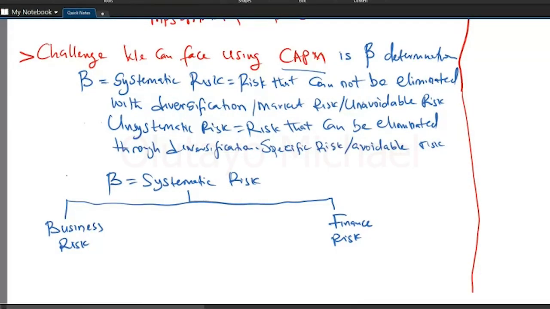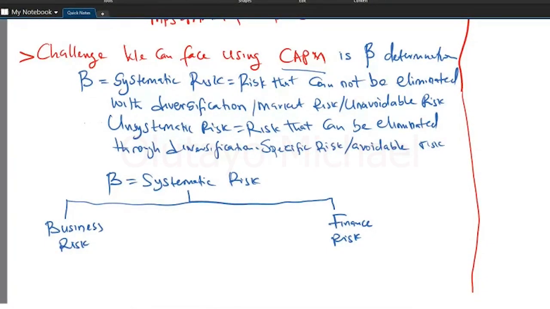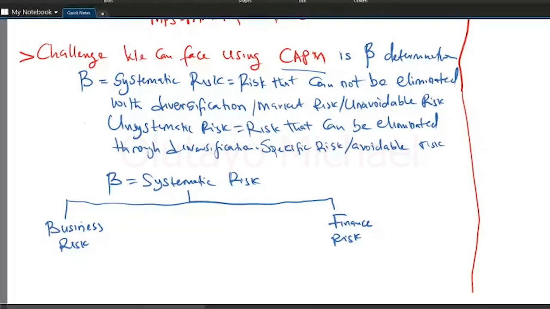Let me just be specific now. Business risk has to do with what? Let's say the risk that is inherent in the nature of a business. For instance, people know that transport business has a risk of accident on the road. That risk is in the nature of the business. We call it business risk.